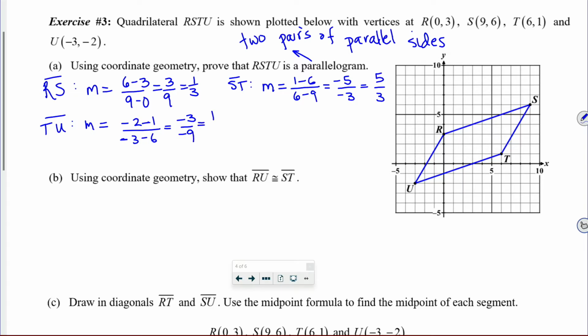A negative divided by a negative is a positive, and that gives me a slope of 1/3. And finally, we're going to have UR, that's our final segment. The slope is going to be 3 minus -2, all divided by 0 minus -3. And that's going to be 5/3.